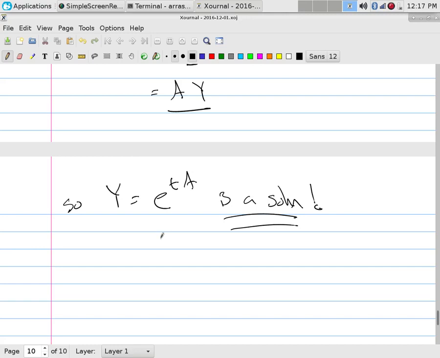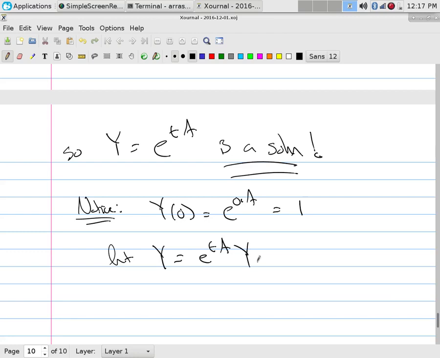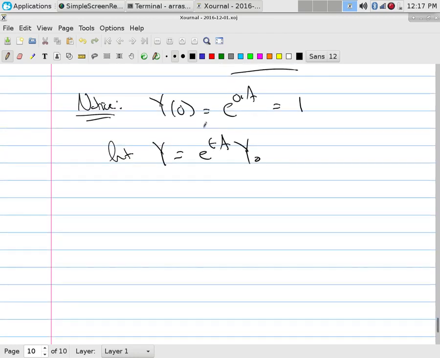Not only that, notice y of 0 is simply e to the 0 times a, which would be e to the 0, right? Which would be just simply 1. So if I let y rather be e to the ta times the initial y0, then not only does y prime still hold, y of 0 will end up being y0.